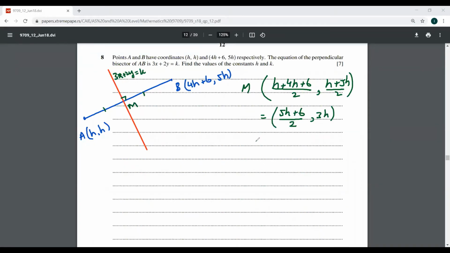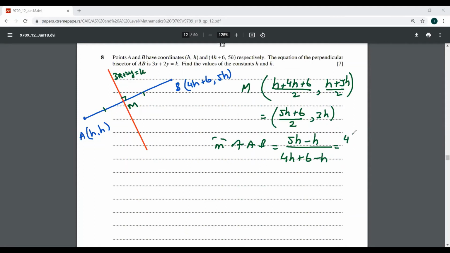Secondly, you can find the gradient over here, the gradient of AB, which is going to be 5h minus h over 4h plus 6 minus h.